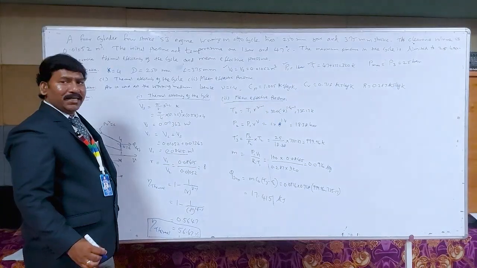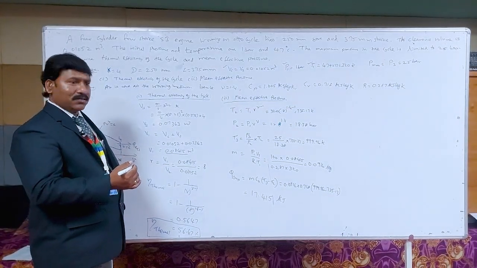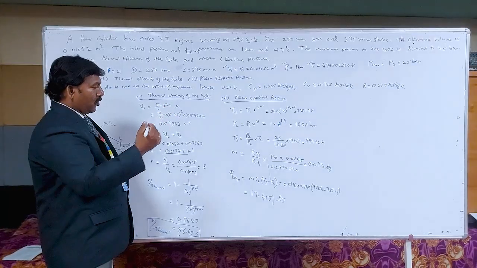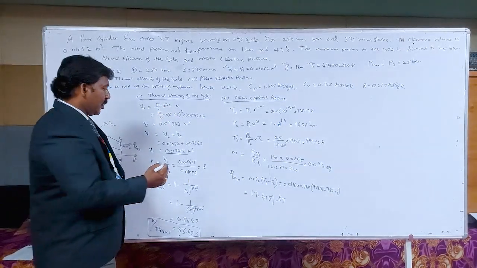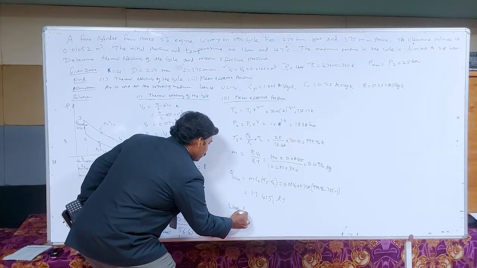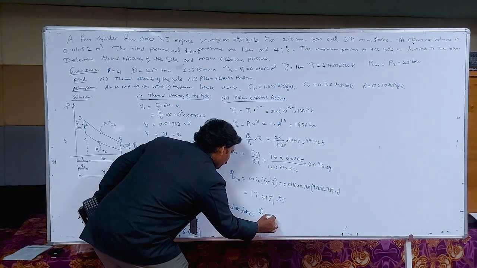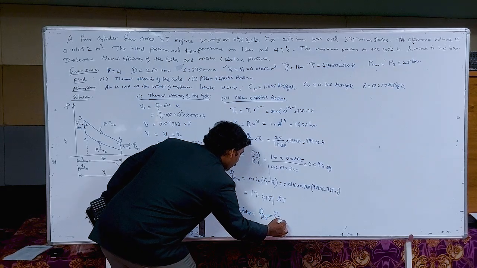Now I want the work done. Why am I finding work done? Because mean effective pressure is nothing but the work done per swept volume. So work done is equal to heat supplied into the efficiency of the thermal cycle.